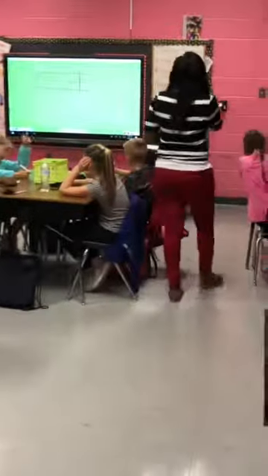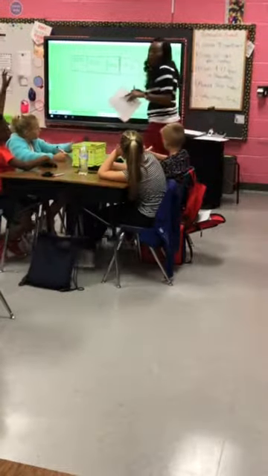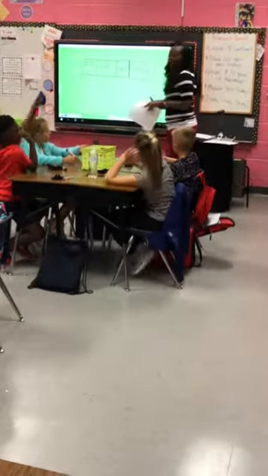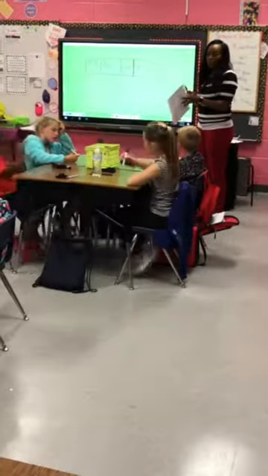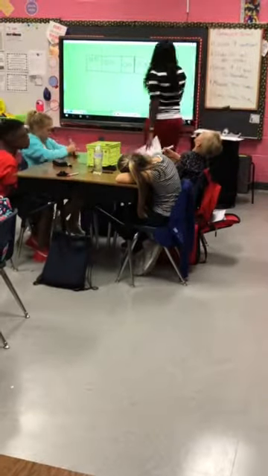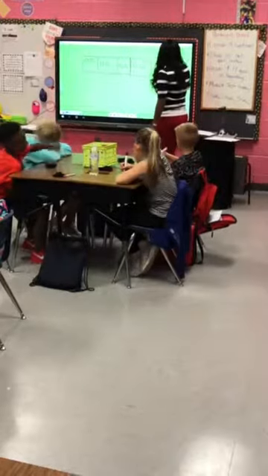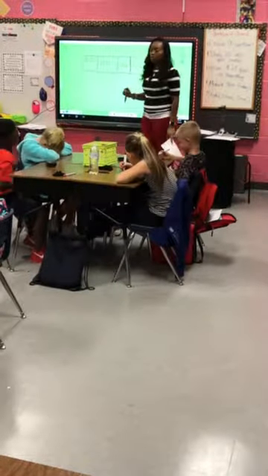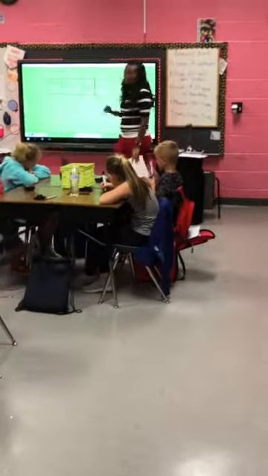Okay, so our quotient, what number is the quotient? Michaela? The quotient. What number is the quotient? Caitlin? 2, because 2 is the size of the group. So everyone should have put 8 divided by 4 equals 2, because 2 is the quotient. Okay? What is this number called in the box?